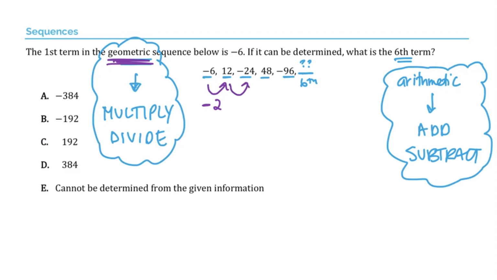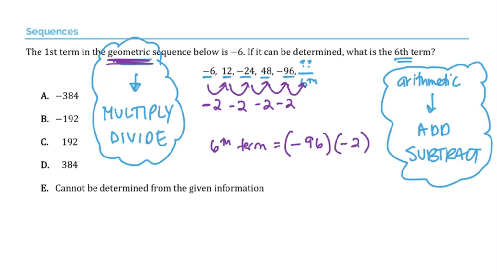Guess what? 12 to -24, that's also multiplying by -2. -24 to +48, also multiplying by -2. 48 to -96, also multiplying by -2. So to get from my fifth term of -96 to my sixth term, which is what I'm solving for, I will have my fifth term, which is -96, times that common ratio, that common number I was multiplying by, which is -2.